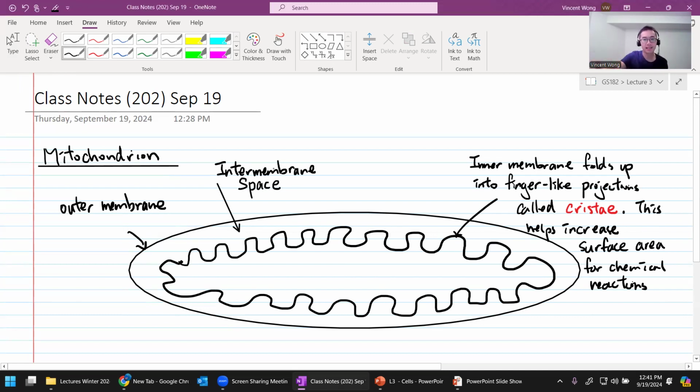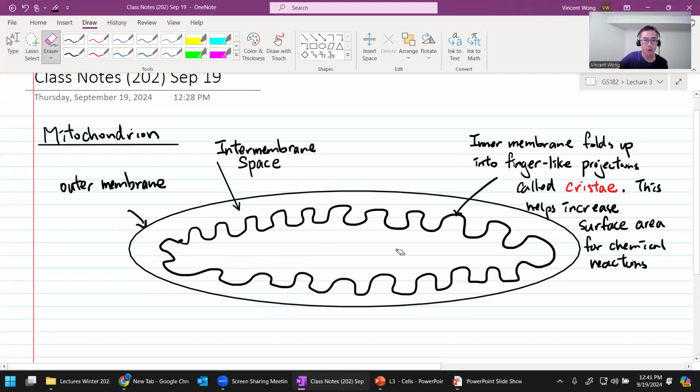Each of these things have a direct role in allowing the production of energy. And we will learn all about it in lecture 5. Okay, finally, the innermost portion of the mitochondria, it's called the matrix.